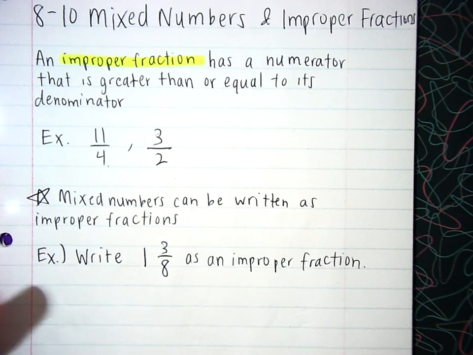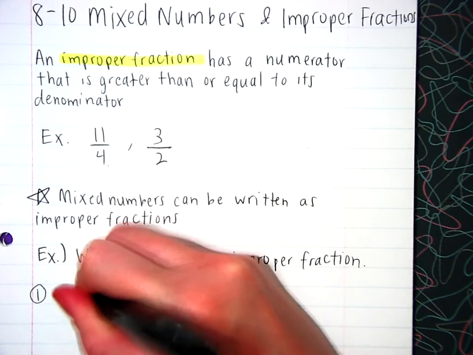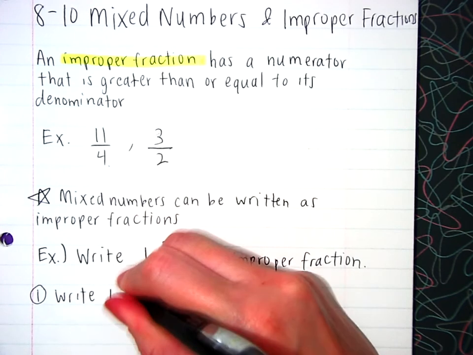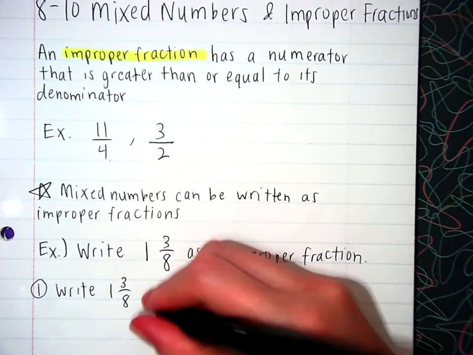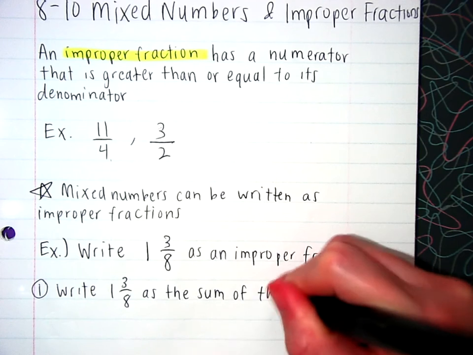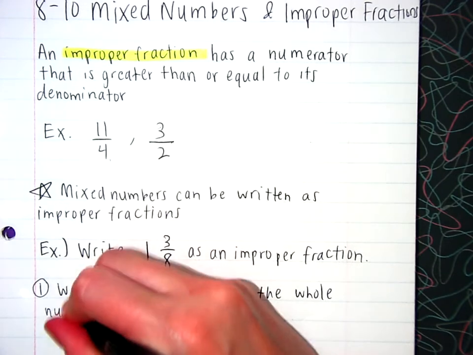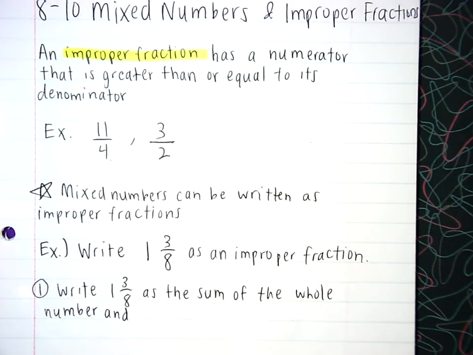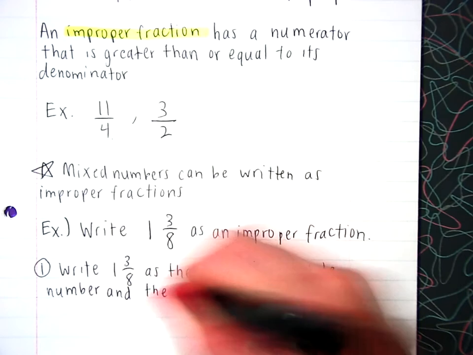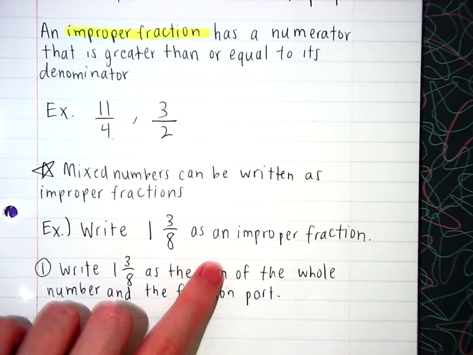The first thing we're going to do, you can either draw a model or you can just write it out. We're going to write 1 and 3 over 8 as the sum of the whole number and the fraction part.